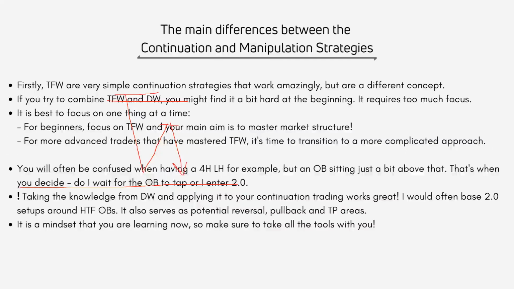I've received a lot of questions on this thing. And again, as I told you already, you have to focus on one thing. And personally, you can see that taking the knowledge from DW and then applying it to continuation trading works amazing, right? So I would often base 2.0 setups around higher time frame OBs. So if you go back to the previous example, if you have that full hourly lower high there, and a full hourly order block, and you are about to create a full hourly lower high, it will be much better to wait for the OB to tap, and then you're going to be provided with the actual entry, right?